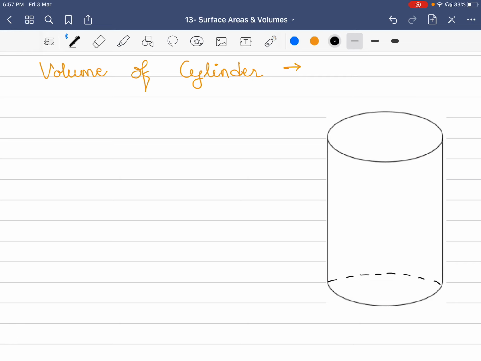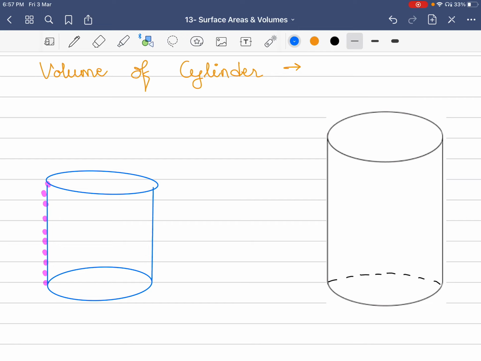There is a simple circular disc at the bottom, and then we pile up. We put one circular disc above the other, one circular disc above the other, and eventually what we get is a cylinder of this height. So that's how a cylinder is constructed.